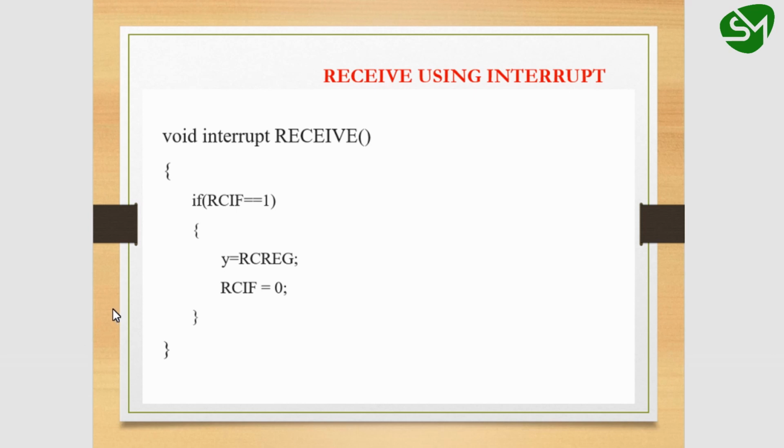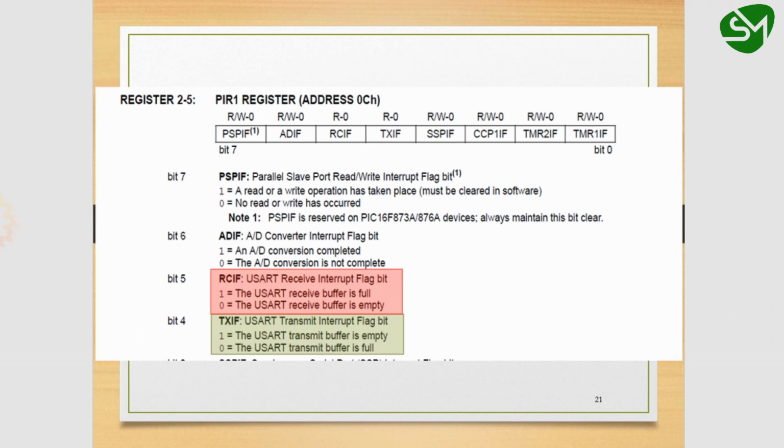Inside this, we are checking for the flag called RCIF. Before receiving the data, we want to check whether the data is completely received by the UART communication, and that can be done by using the RCIF flag. If this flag is 1, then the receive buffer is full.